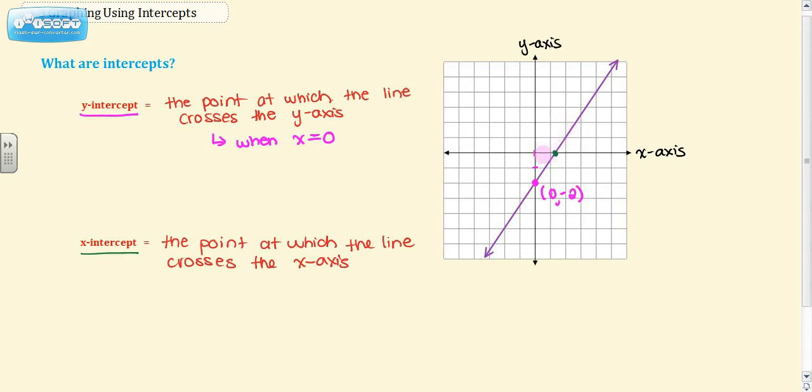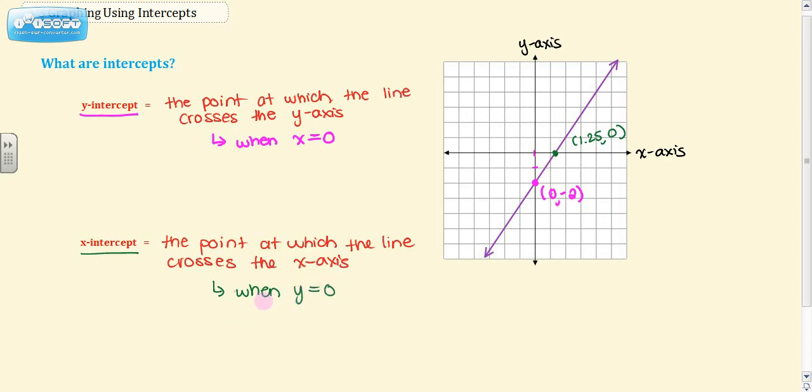And so I can write the coordinates of this point. It is, say, 1.25, and the y value at that point is 0. So the characteristic of my x-intercept is that it happens when y equals 0. Okay?